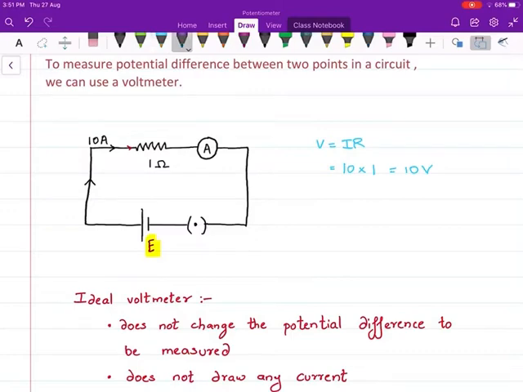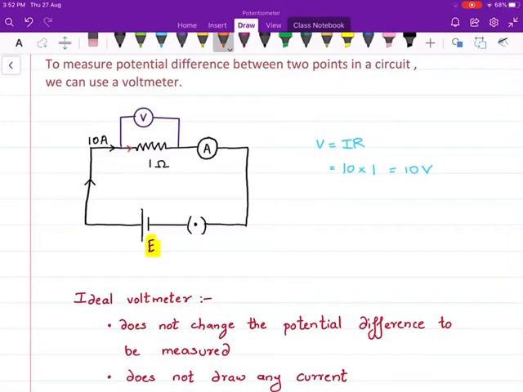Now to measure this potential difference, I am going to connect a voltmeter across this resistor. When I connect a voltmeter over here to measure the potential difference, what happens is this 10 ampere which was flowing through this wire through the 1 ohm resistance now gets divided into two parts.